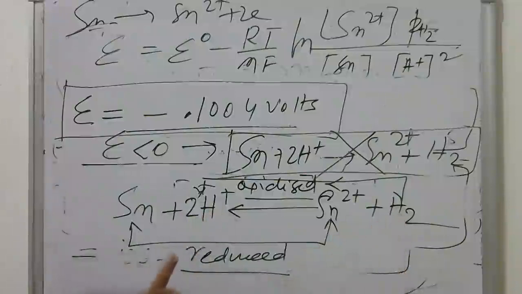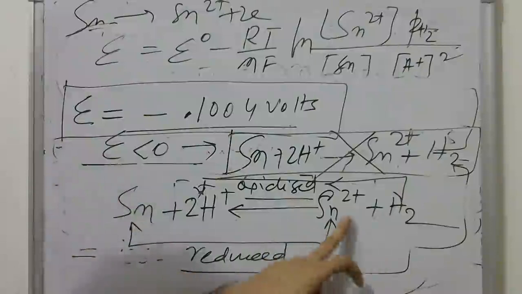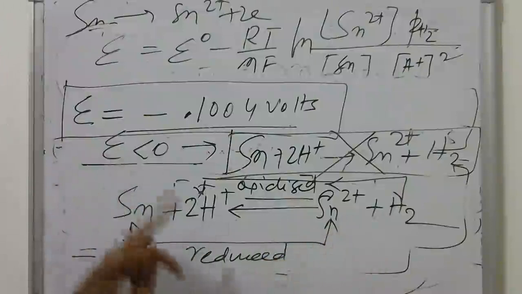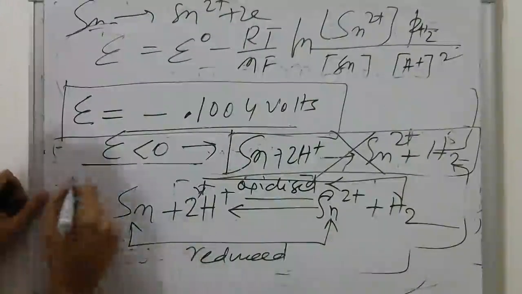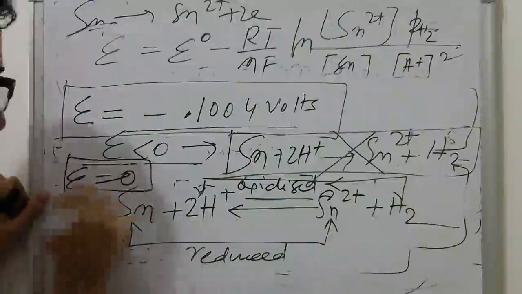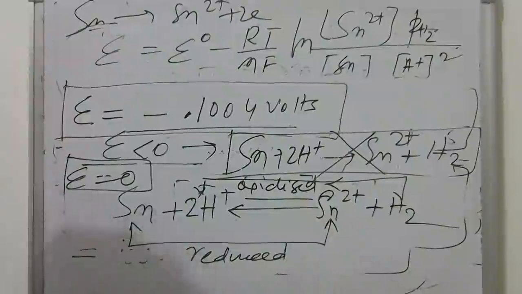Sn2+ undergoes reduction: yes, so option C is the correct answer here. No reaction is not true. If my E had been 0, D would have been true. Because E is less than 0, the reverse is true. Sn2+ is undergoing reduction. I guess you have understood a lot from this reaction. Fine.